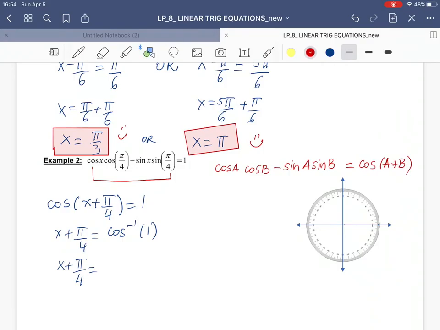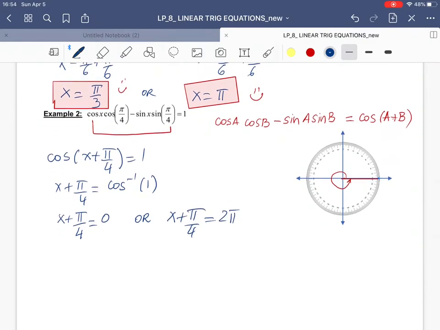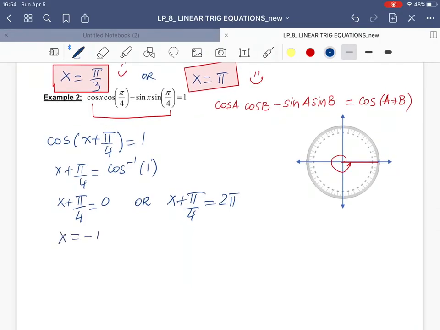I would say that we have the angle 0 with a cosine of 1, and we also have the angle 2 pi with a cosine of 1. So we're going to say x plus pi over 4 is either 0 or 2 pi. So x equals negative pi over 4, or x equals 2 pi minus pi over 4, or 8 pi over 4 minus pi over 4, which is 7 pi over 4.